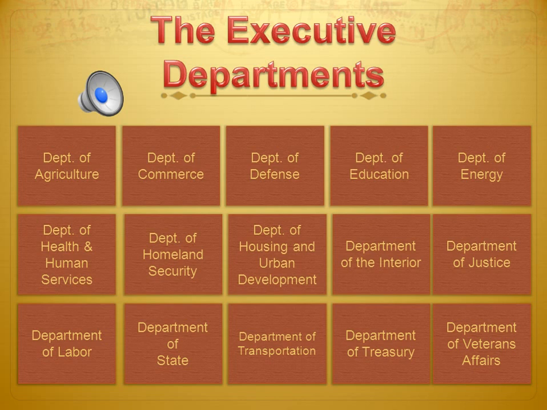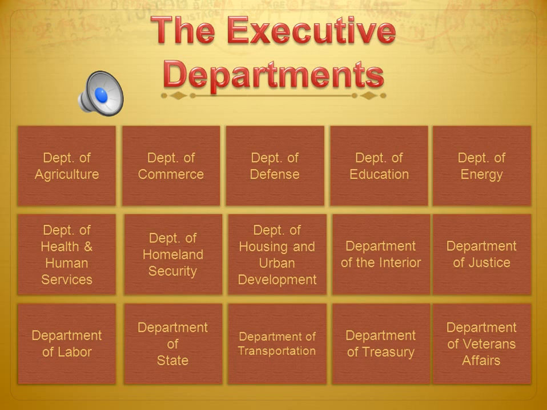As you look here on this slide, there's 15 of these departments. So how are they organized? Well, they are made up of smaller units called bureaus, offices, services, or divisions. Under each of those blocks, there's even finer organizations. These offices are not all in Washington.